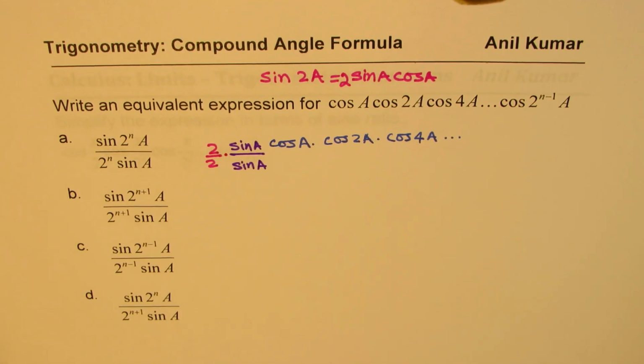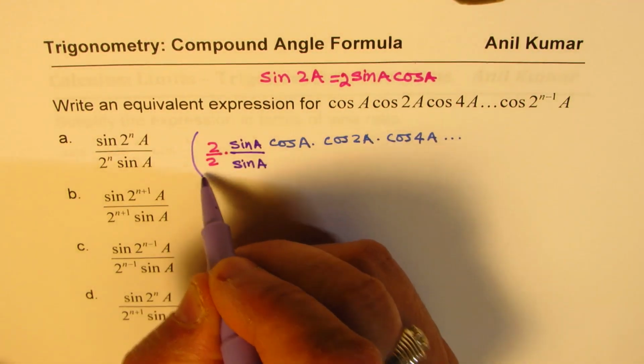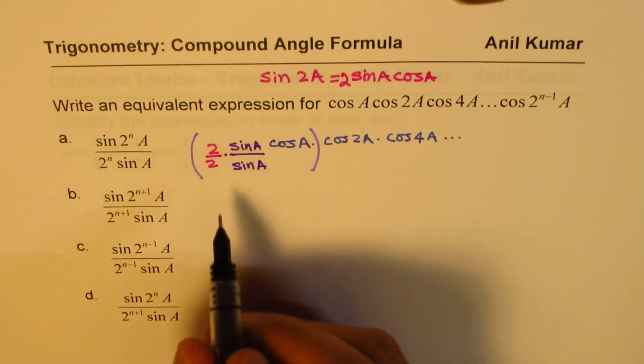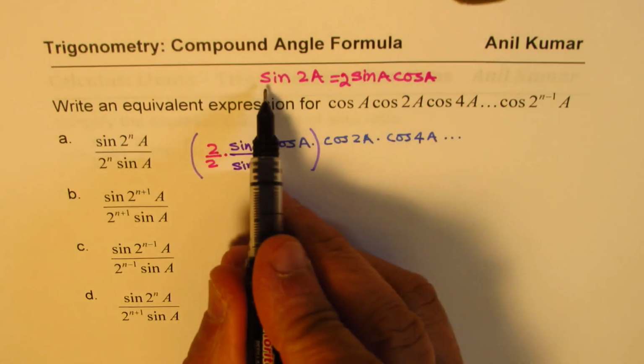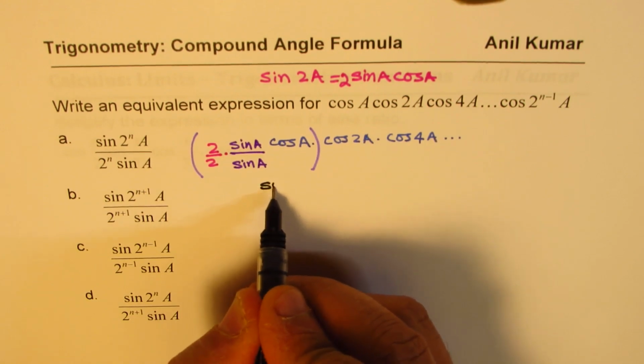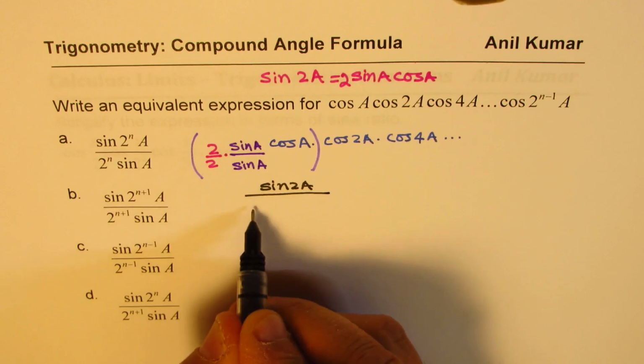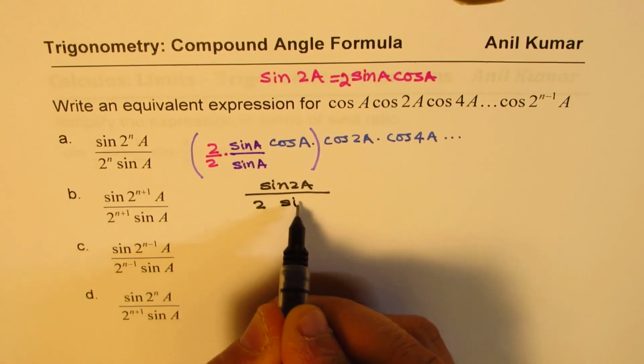As soon as we do this, we notice that these terms can now be written as what? Well, the numerator here is 2 sin A cos A. So 2 sin A cos A is sin 2A, so I could write numerator as sin 2A. And in the denominator, I get 1 2 and sin A.